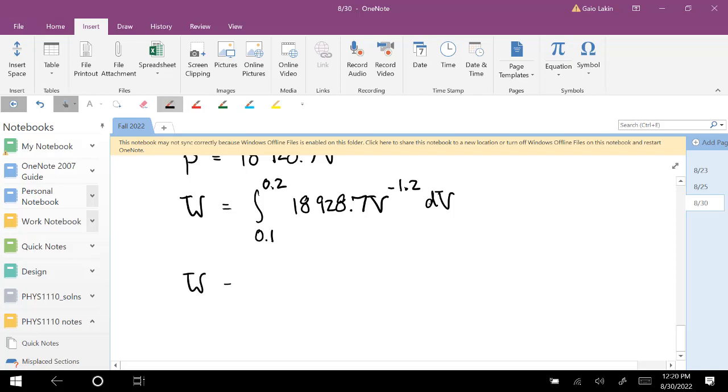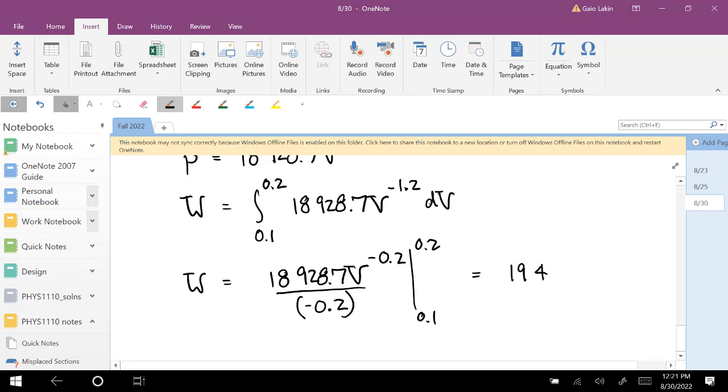So W is equal to 18,928.7 V to the negative 0.2 divided by negative 0.2. And we're evaluating that from 0.1 to 0.2. That's our volume. And you get a value of 19,417.4. Everything's in SI units, so this has to be in joules.